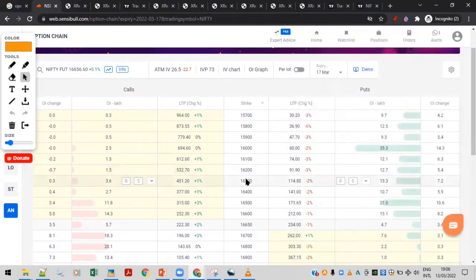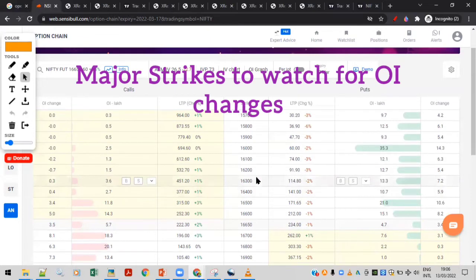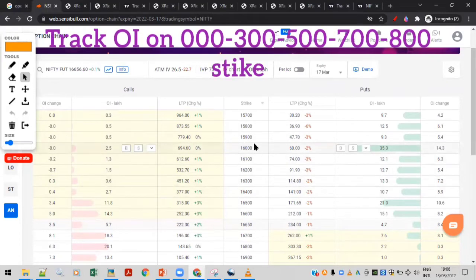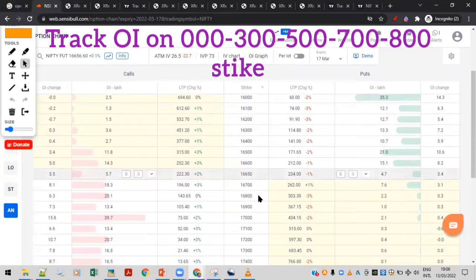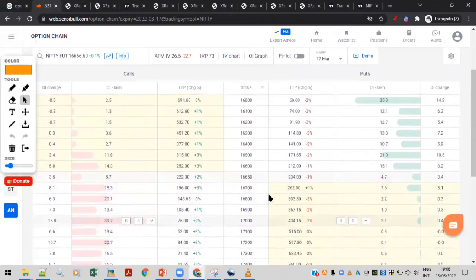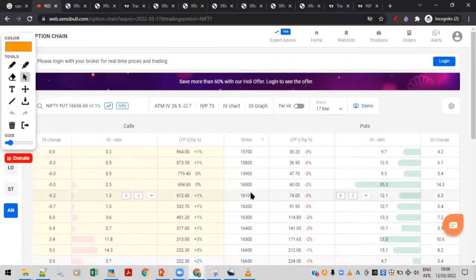Apart from that, most of the time you would see that the strikes like 16,000, then 300, 500, 700, 800, and then again 00, these strikes mostly have better open interest.